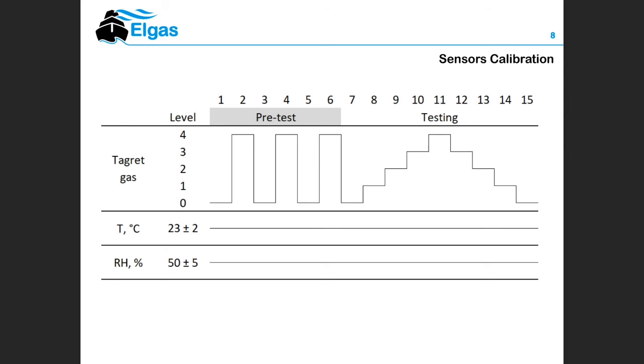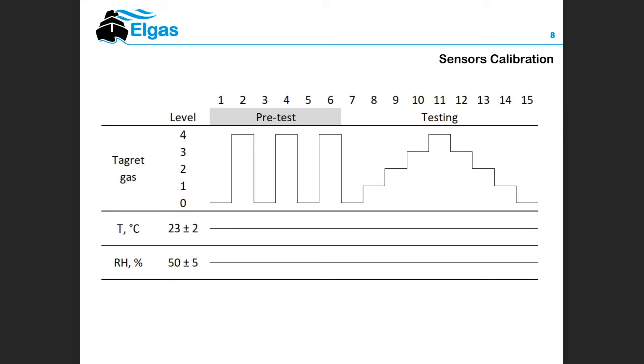In order to convert these raw signals to meaningful gas concentrations, we performed a series of calibrations of the sensors, where the sensors were exposed to known target gas concentrations in a controlled environment, and the output of the sensor was read, and we were trying to obtain the calibration model for each of the sensors.